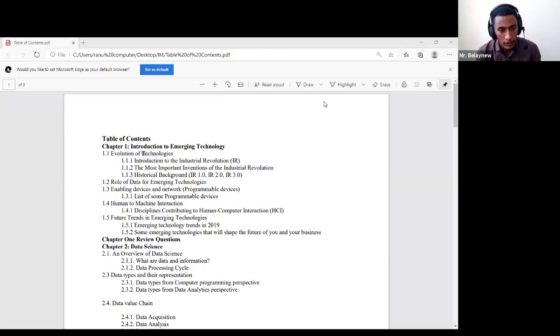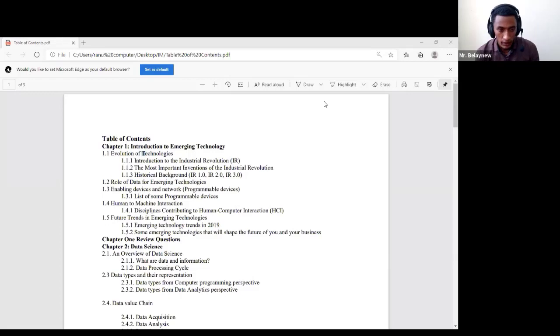And also we will see disciplines contributing to human-computer interaction, like mathematics, algorithms, and different disciplines needed for this, and also parts like artificial intelligence, AI, or image processing. So we will discuss different disciplines required for human-machine interaction in this chapter.